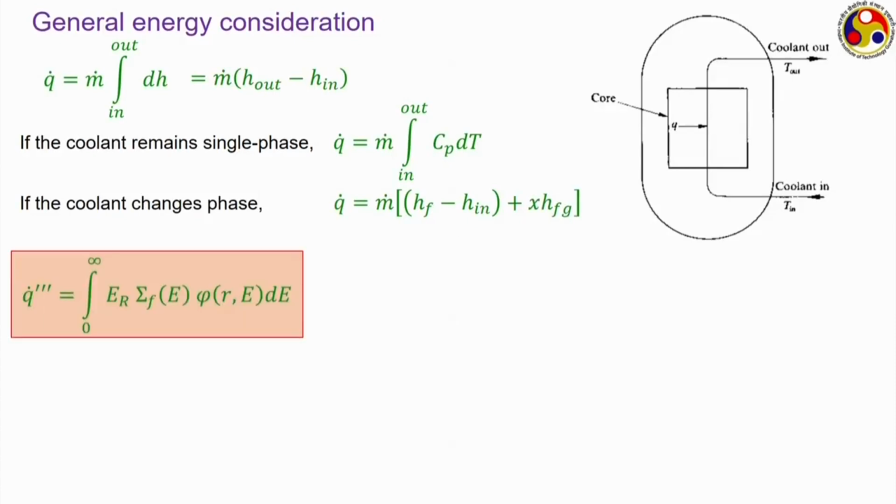Now, this expression we have found earlier, energy released because of fission per unit volume can be given by an expression like this, where ER is the amount of energy released because of fission, sigma f is the macroscopic cross section, phi is the flux distribution of the neutron.